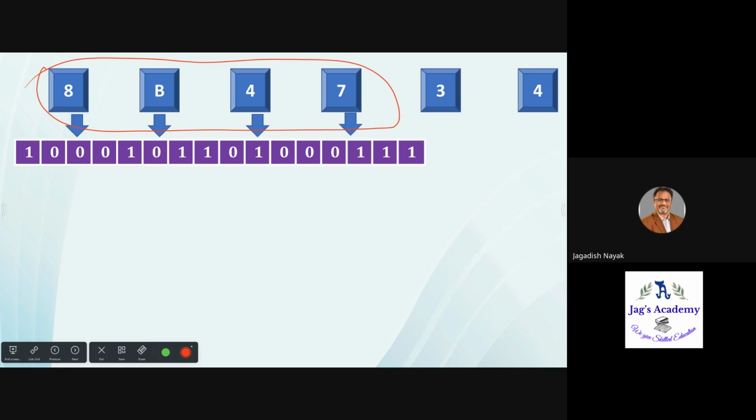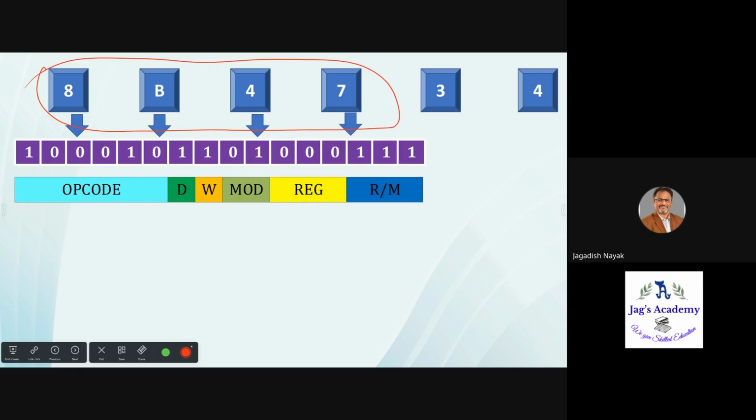You do the reverse. When you expand, what you get: 8 is 1000, B is 1011, 4 is 0100, 7 is 0111.